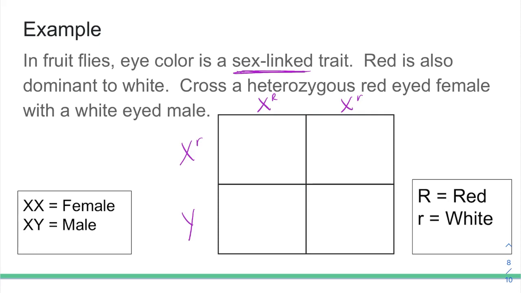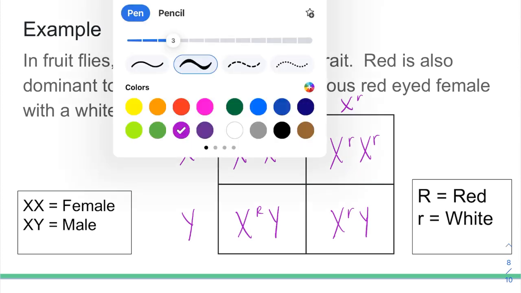Okay, so then whenever we cross it, we're going to end up with X^R X^r, X^r X^r, X^R Y, and X^r Y. So when we look at these, we can see that we're going to end up with 2 females and 2 males, but they all are a little bit different.